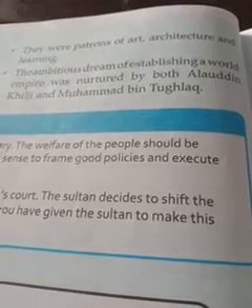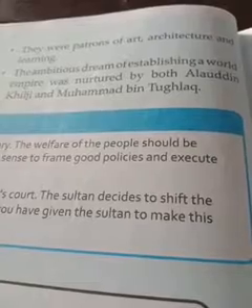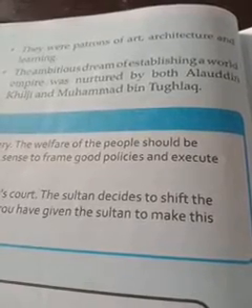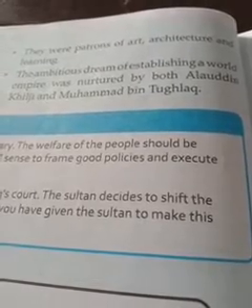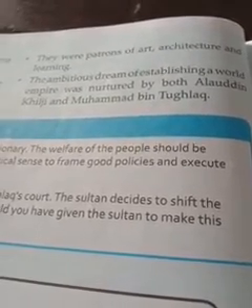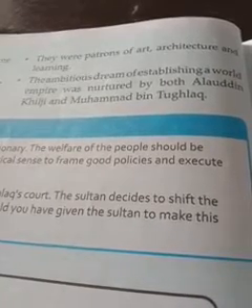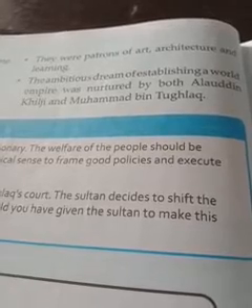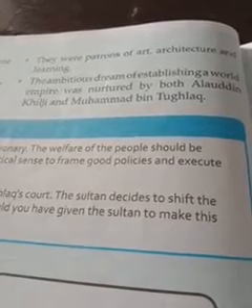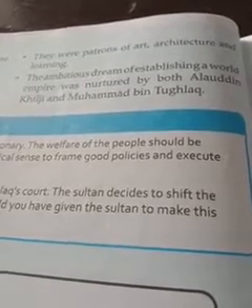Third, the ambitious dream of establishing a world empire was nurtured by both Alauddin Khilji and Muhammad bin Tughlaq. Means both wanted to establish a worldwide empire, so they tried for that and took different measures, and they acquired some territory also, and sometimes they failed.